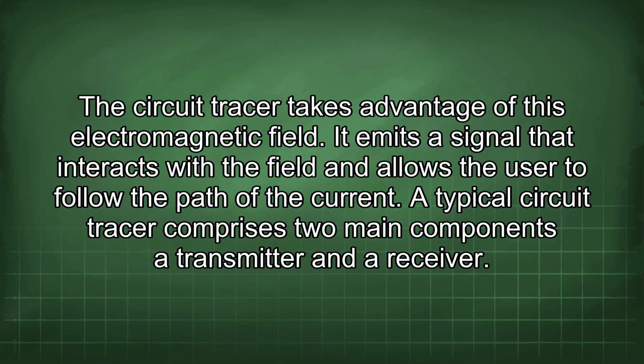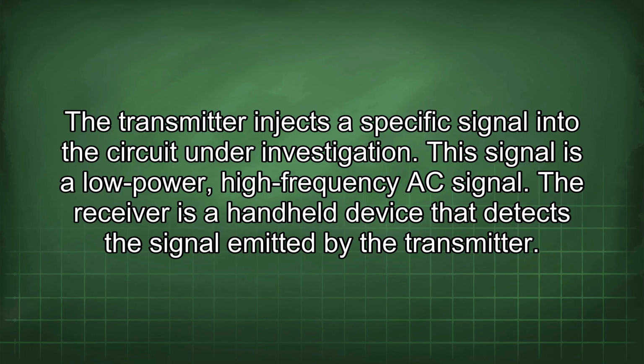A typical circuit tracer comprises two main components: a transmitter and a receiver. The transmitter injects a specific signal into the circuit under investigation. This signal is a low-power, high-frequency AC signal. The receiver is a handheld device that detects the signal emitted by the transmitter.